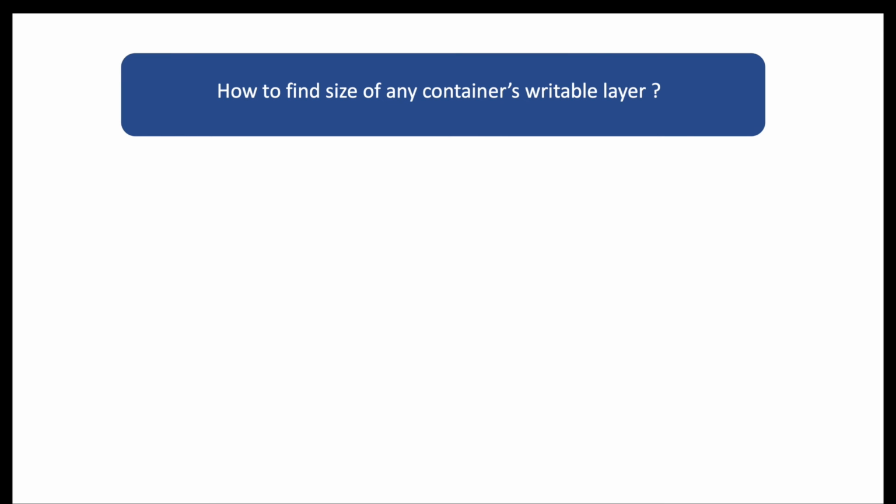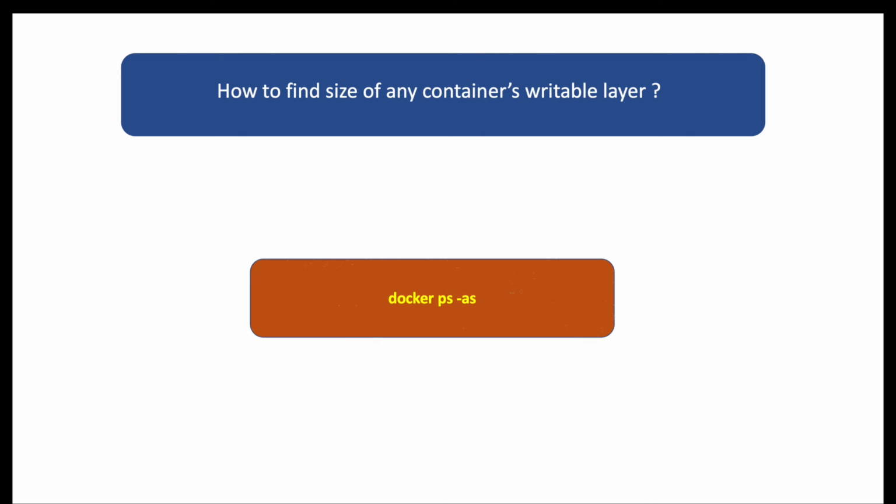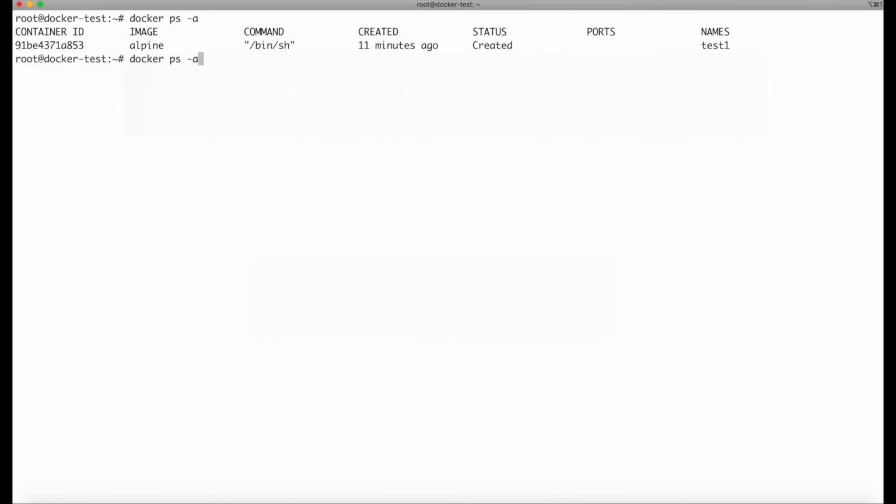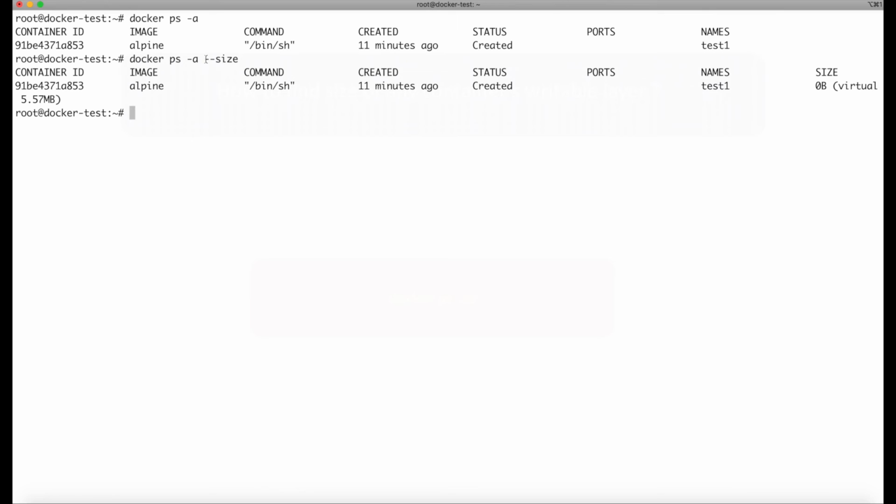Now the next question is how to find the size of any container's writable layer. For this we need to pass an extra argument while listing the containers, and the command is docker ps -as. Let's demonstrate it. This is my normal command to list the containers, but here you won't find the container size. To get the container size, you need to pass an extra argument --size. So if you use the argument --size, an extra field will be displayed.